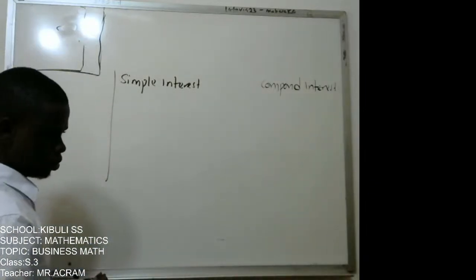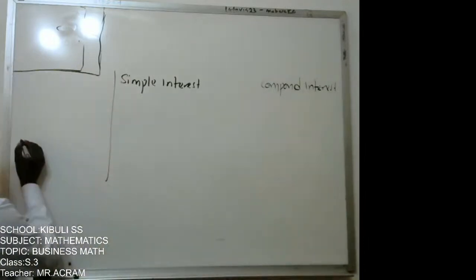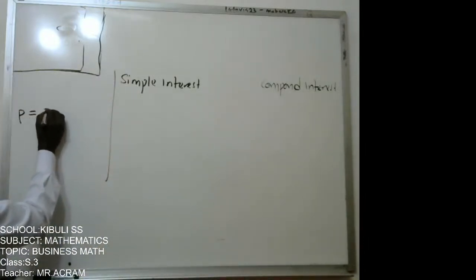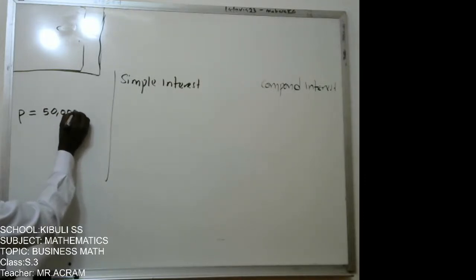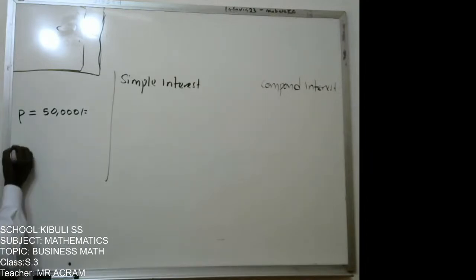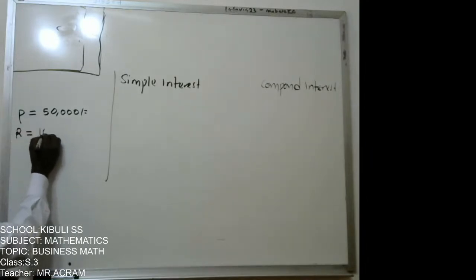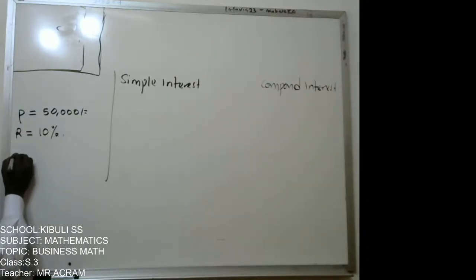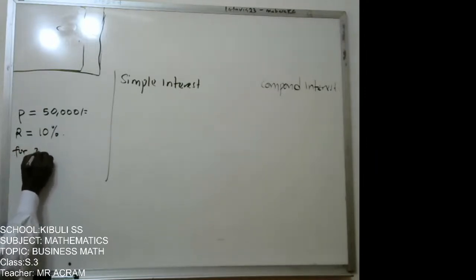Let's say someone is borrowing a principal of 50,000 Ugandan shillings at a rate of 10% for a period of 3 years. This is a question of its own. Someone is borrowing 50,000 at a rate of 10% for a period of 3 years.